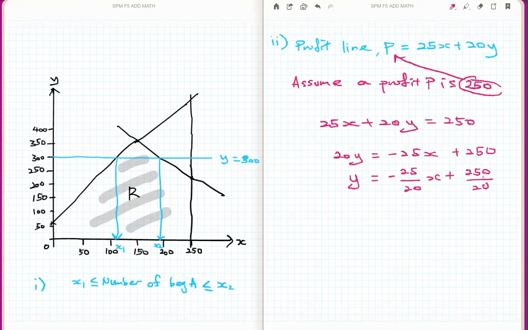Then how about I change it, instead of profit 250, I change it to, say my profit is now 2000 instead of 250. I change it to 2000.